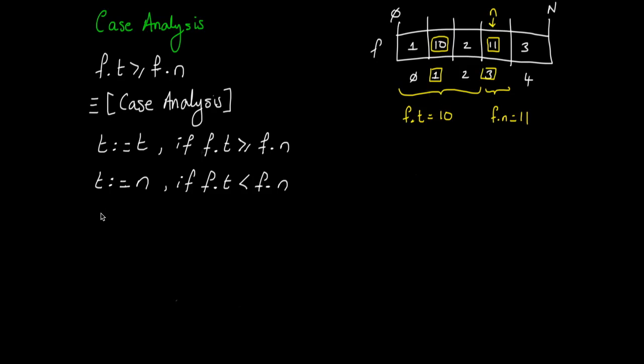So once we've written our case analysis, we can then write our if statement. So we can translate that into an if. So we'll say if f.t is greater than or equal to f.n, well then nothing changes. So we can say skip.